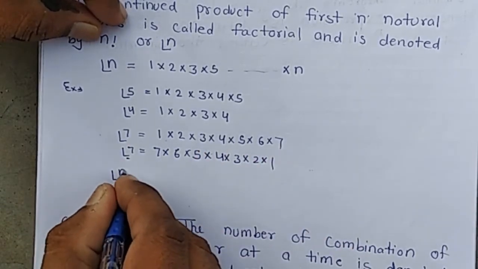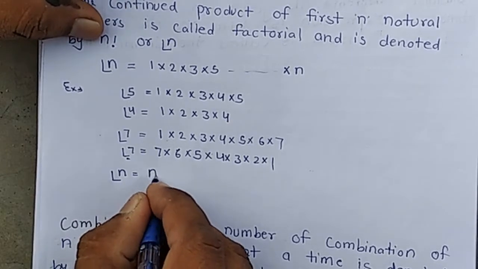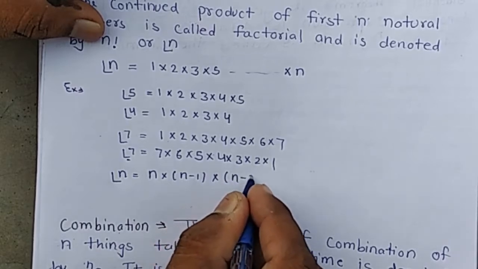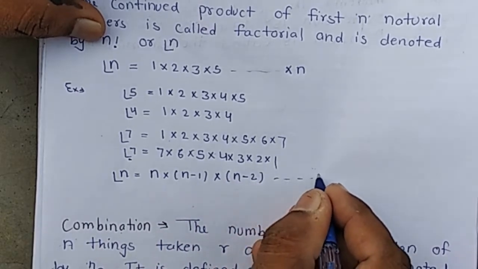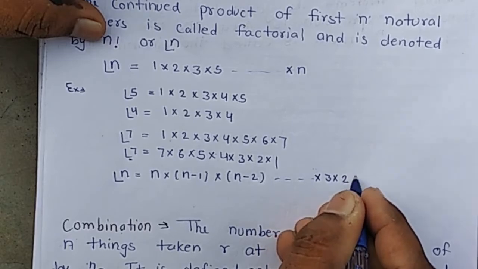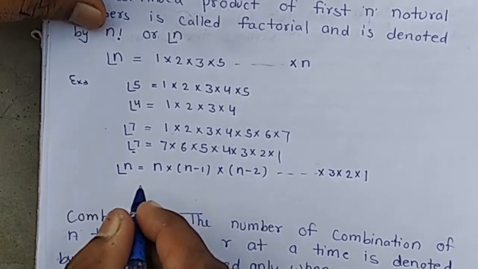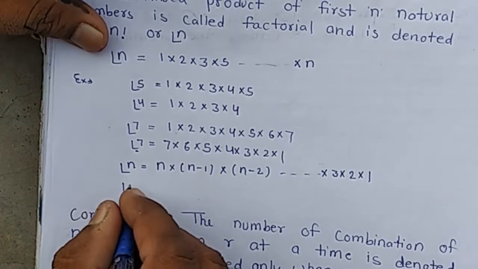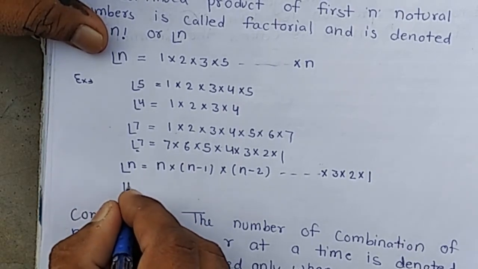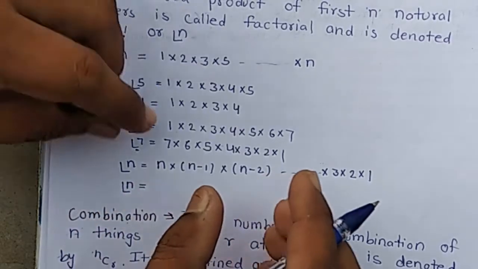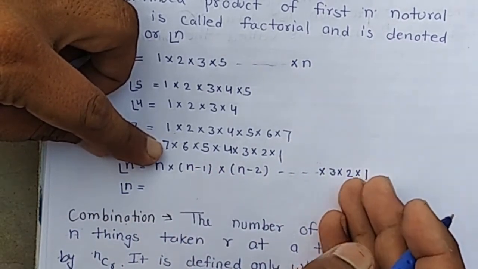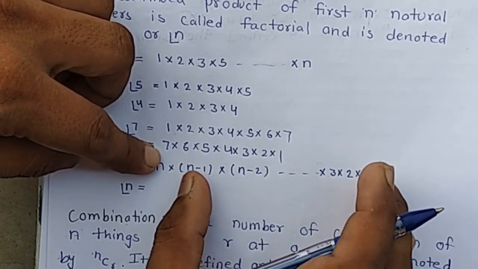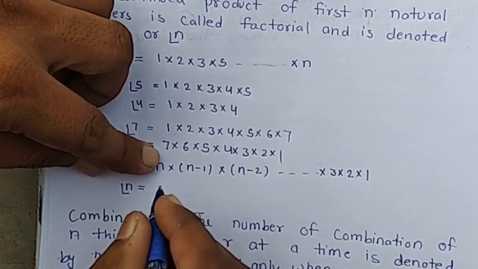Means factorial n can also be written as n into n minus 1 into n minus 2 into 3 into 2 into 1, and we see that this is the product of n minus 1 terms.